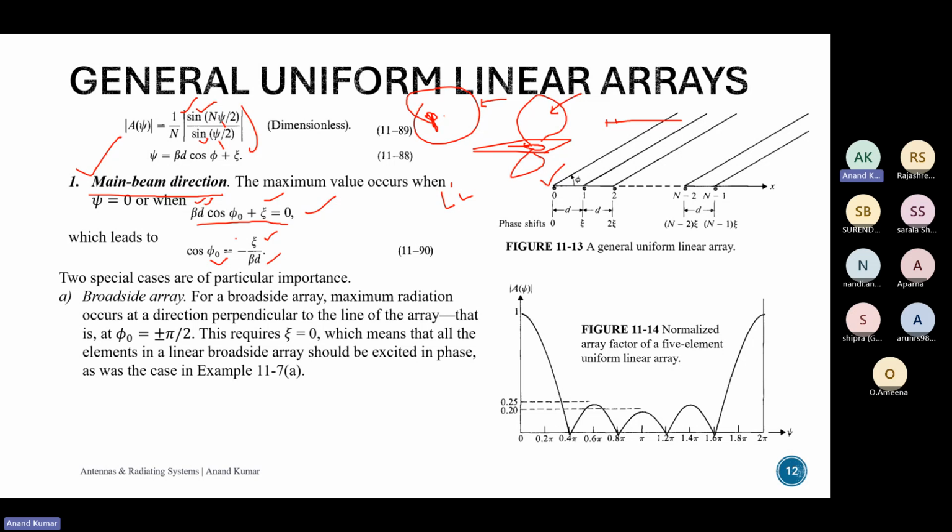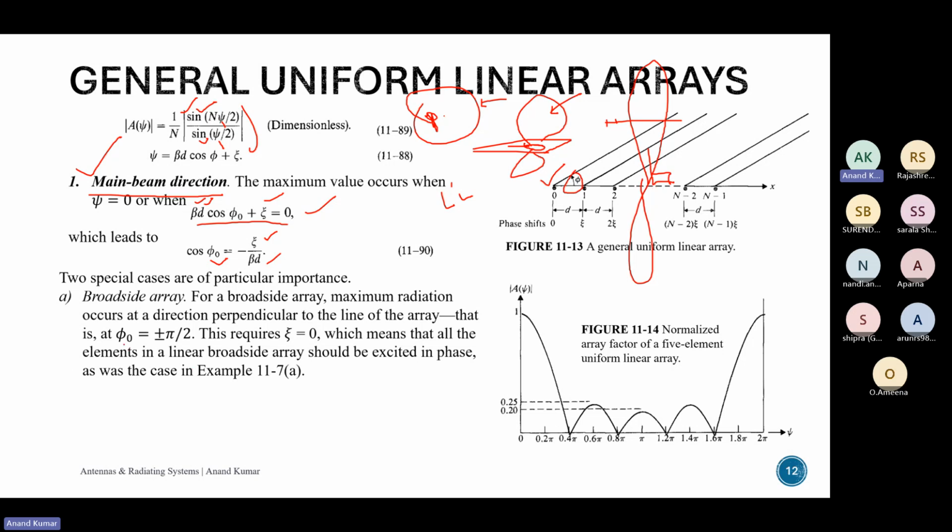If you see, this is phi over here, and if the radiation direction is maximum in this direction, this is essentially 90 degrees. Similarly, if it could be in this direction, it would be minus 90 degrees.